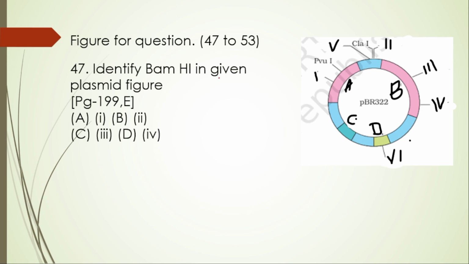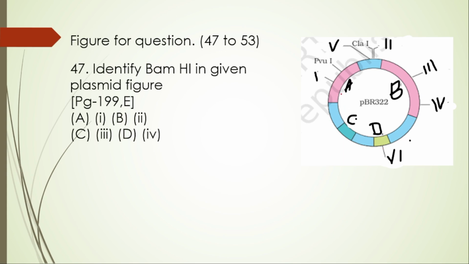So here let me tell you what all these things are. 1 and 2 are EcoRI and HindIII, and the third one is BamHI. Okay, and the fourth one is SalI, the fifth one is PstI, whereas the sixth one is PvuII.